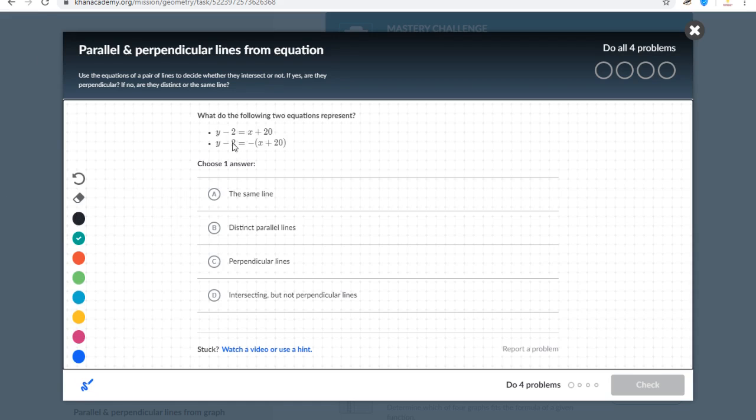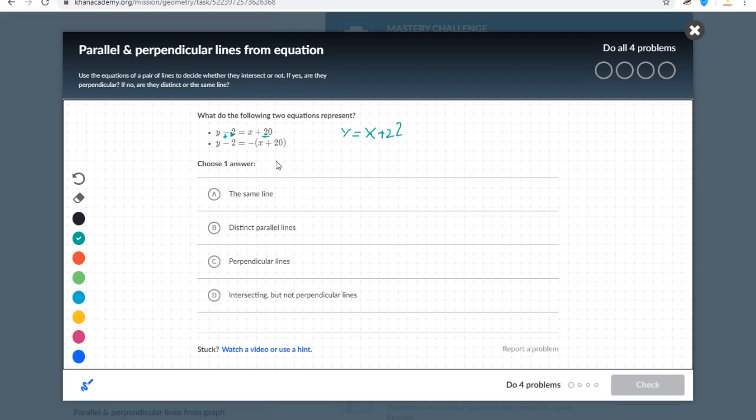So, we want to get y by itself, of course. Let's add this 2 over here and make this top equation y equals x plus 22. As you can see, I just added the 2 over to this 20.